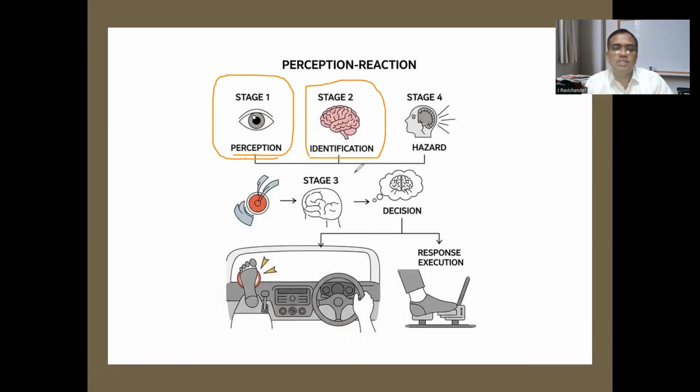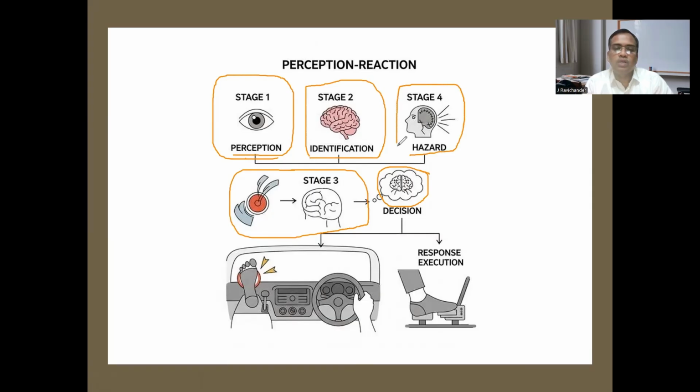Then in stage three, you are going to process the things. That is the brain. You are going to process and you will take some decision, according to your input model. So here stage four is output.